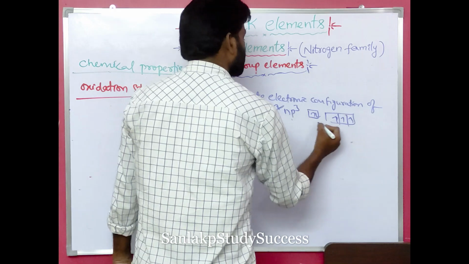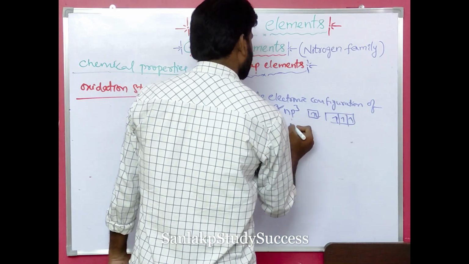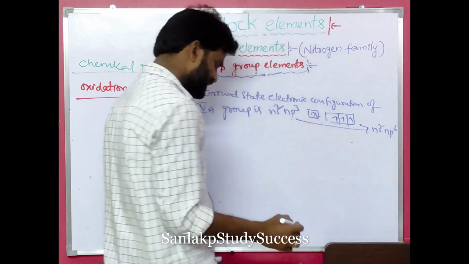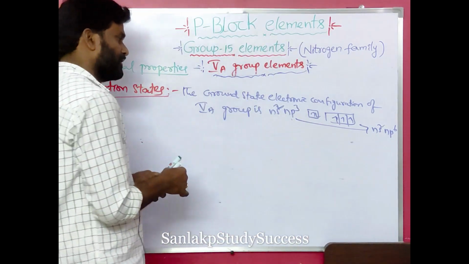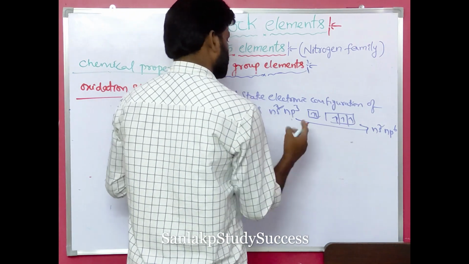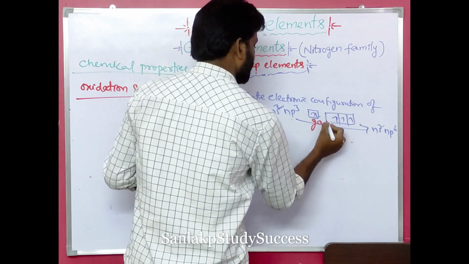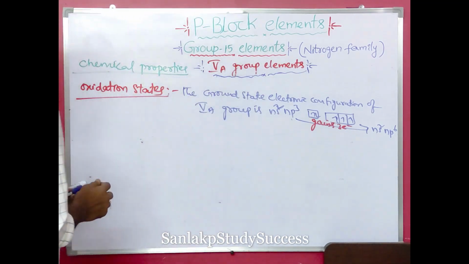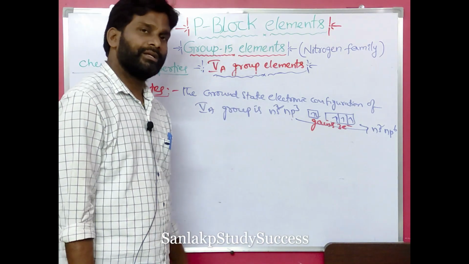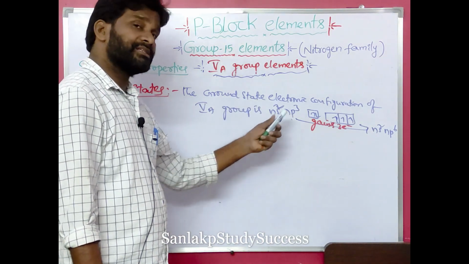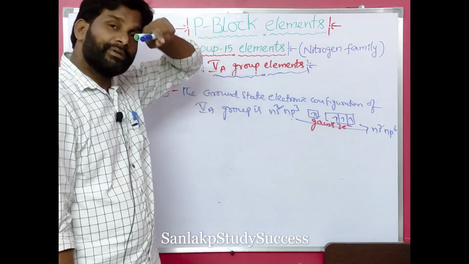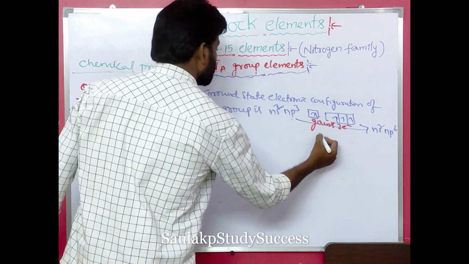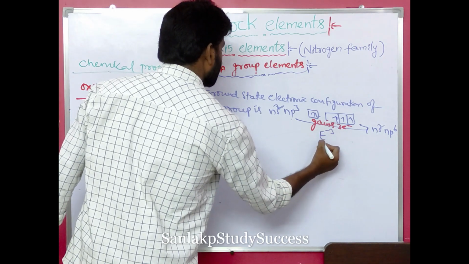If these elements gain 3 electrons, they get ns2 np6, that is an octet, which is more stable. So if it gains electrons, its oxidation state is -3.